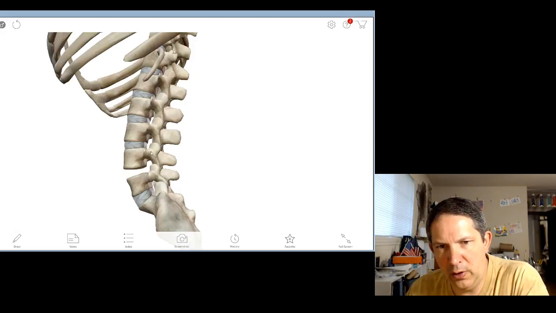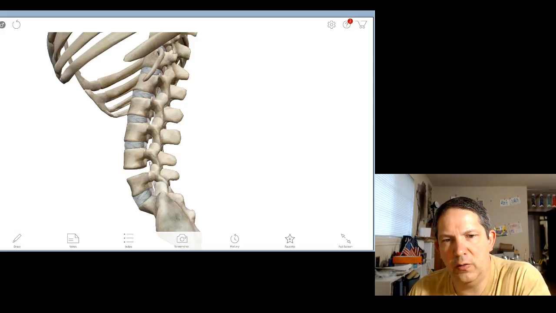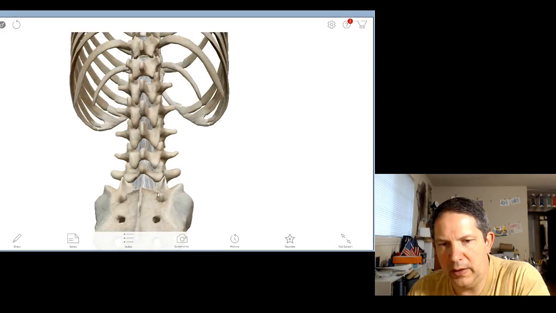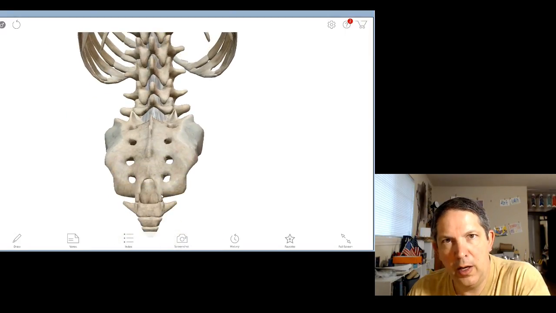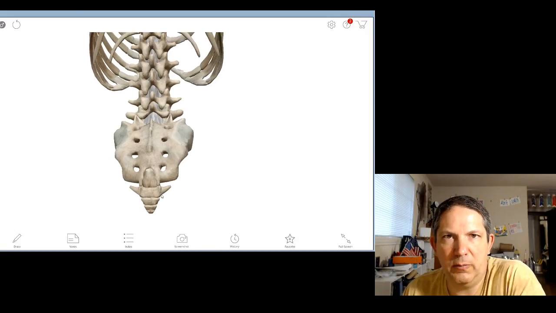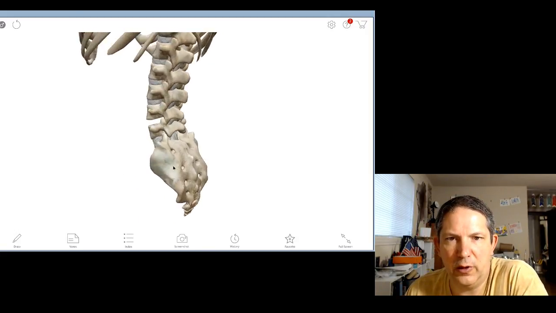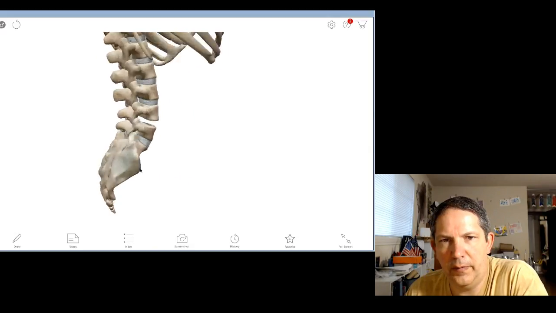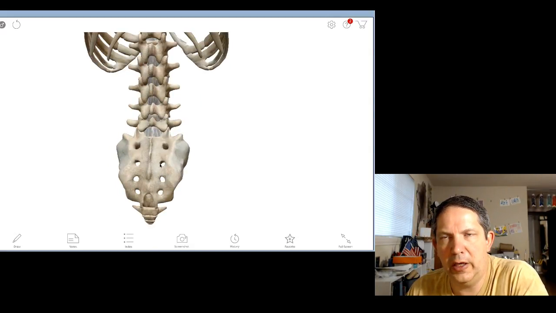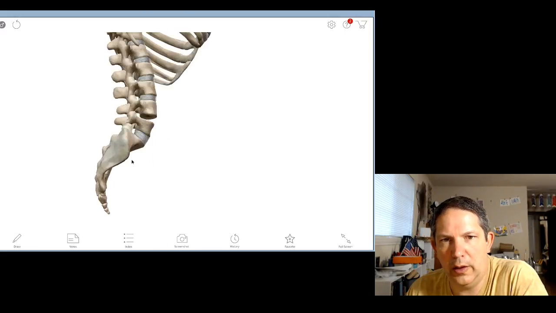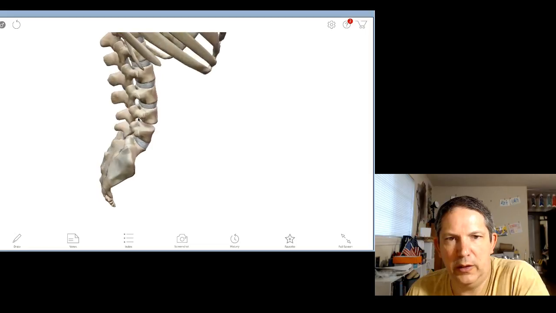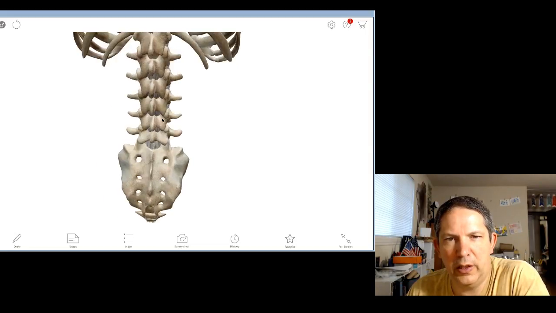There are still nerves running down off the spinal cord and exiting all the way down that canal. But basically the spinal cord stopped growing before the rest of the vertebral column. So at least in an adult, you can put in an epidural, or you can do a lumbar puncture between L2 and L3.